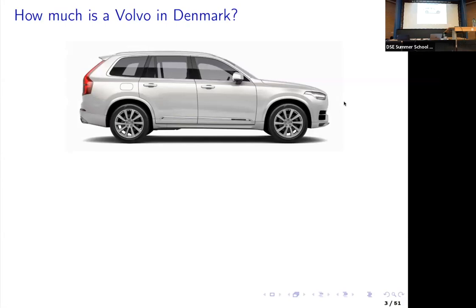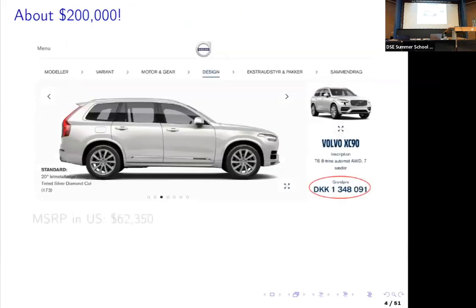So it's kind of a high-end SUV. I guess Americans would say this is a small car, but it's $200,000 in Denmark, and so it's pretty expensive. The price in America is, at the time, $62,000.